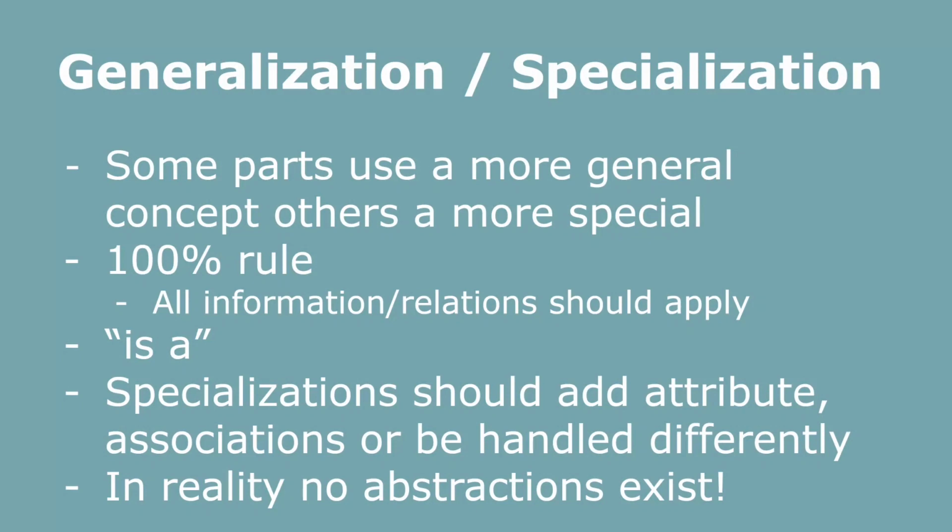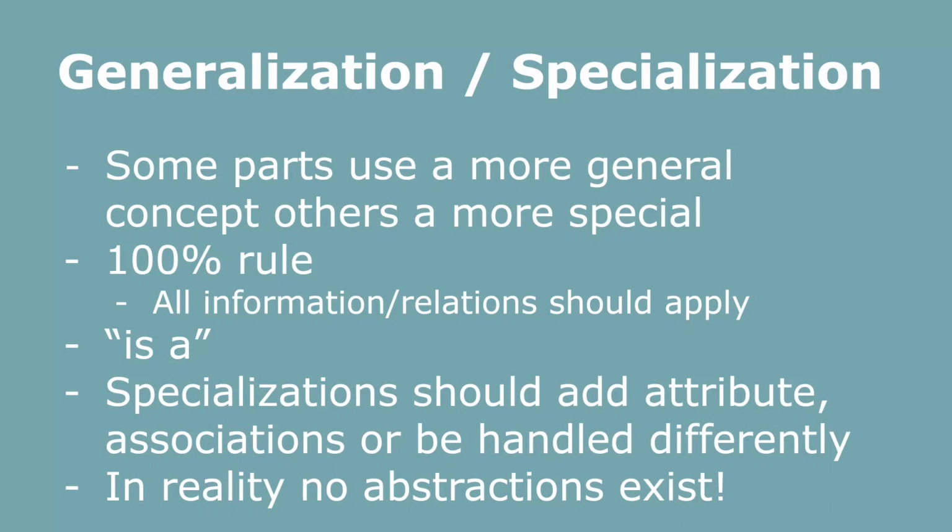Both will probably have a first name. Maybe we should create a person concept instead and use generalization, specialization to show that both the student and the teacher are persons. When you try to model things with generalization, you should apply the 100% rule.